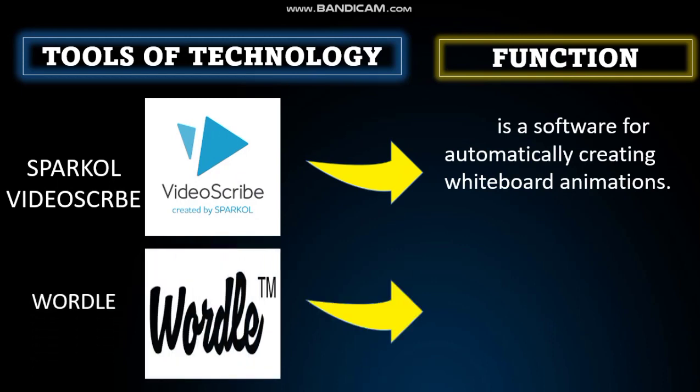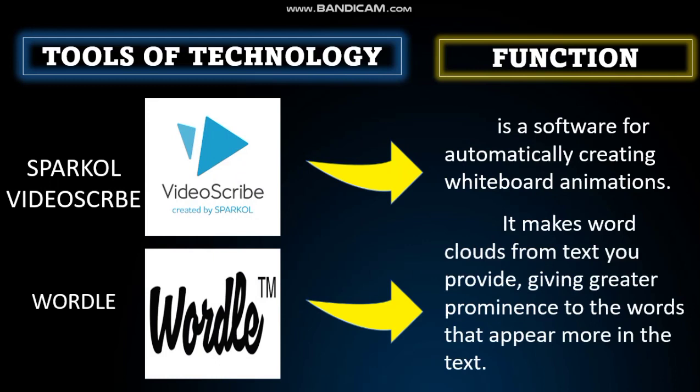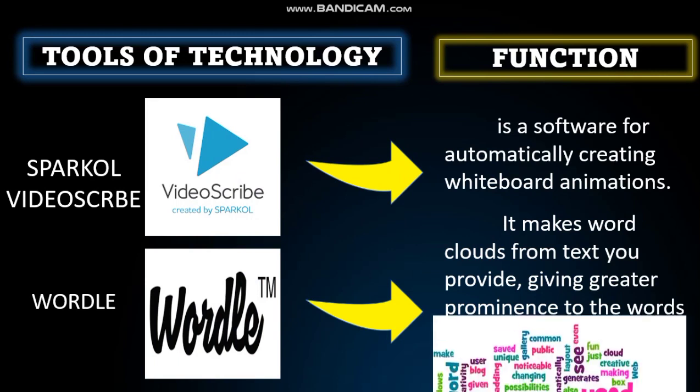Okay, next is Wordle. Wordle makes word clouds from text you provide, giving greater prominence to the words that appear more often in the text. So, it's an app na when you paste a word, one word, then lahat ng related na words dito lalabas. So here is an example.